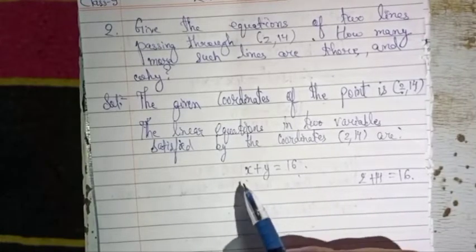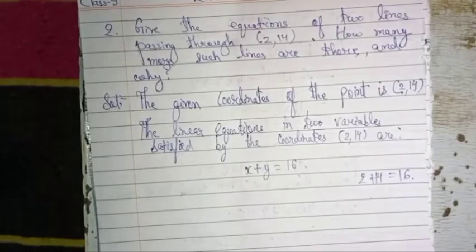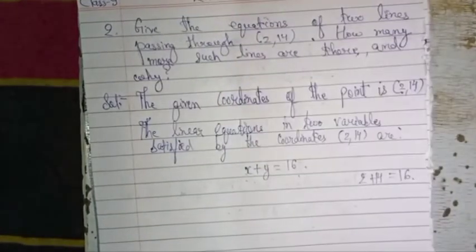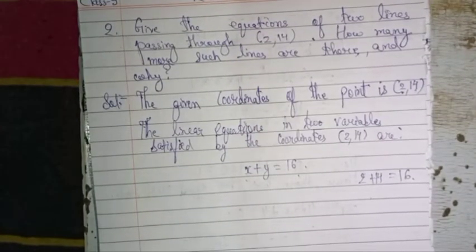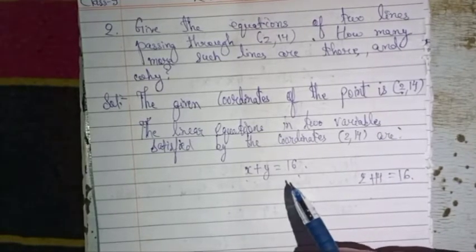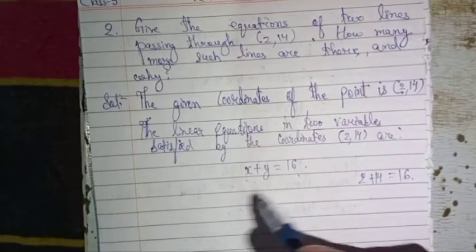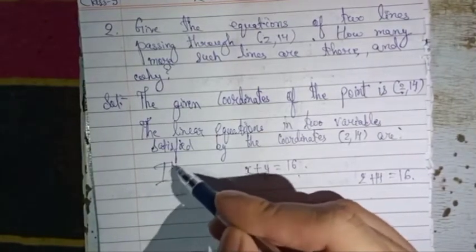So one equation we can make is x plus y is equal to 16, because this equation will be satisfied by the given coordinates. In this way we can make one equation. That is our first equation.